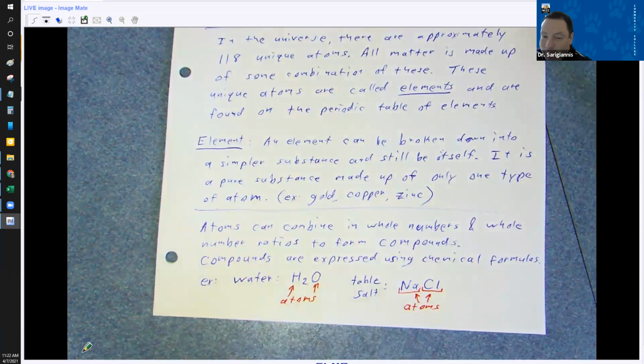So these atoms combine in whole numbers and whole number ratios. So notice we got 2 hydrogen atoms and 1 oxygen atom, a ratio of 2 to 1, to form a compound. The compound here is water. This compound here is salt, table salt. As we'll learn later on, there's lots of different types of salt.